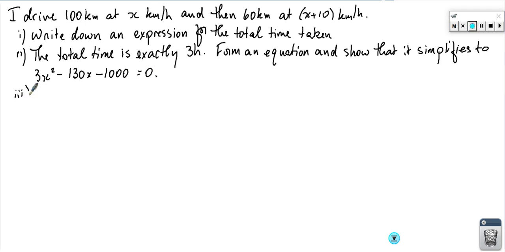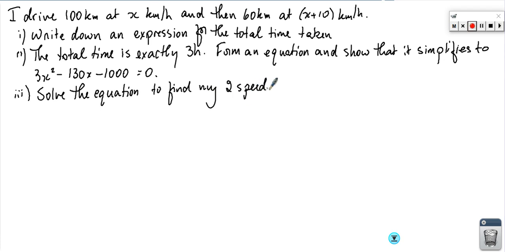And number 3, solve the equation to find my two speeds. So that is our problem.